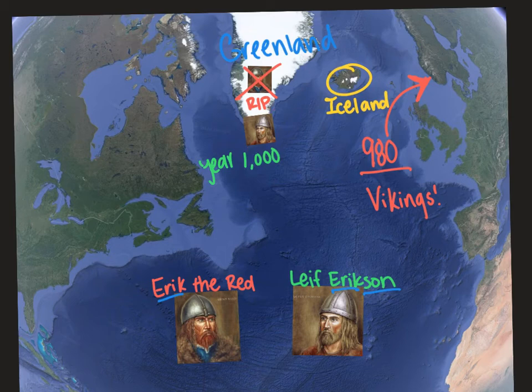Leif Erikson decided to take after his father's exploring and continued to explore the ocean. So he got a crew and they hopped in their boats and they started sailing down, and they ended up here in this land, sixth graders.